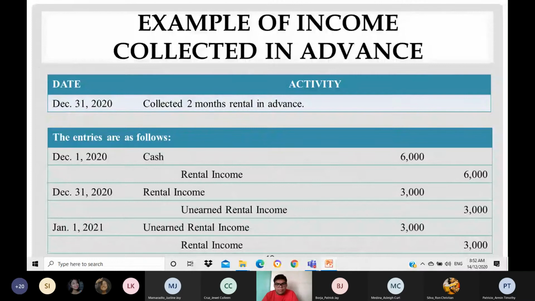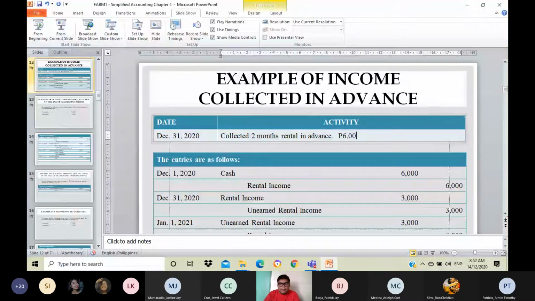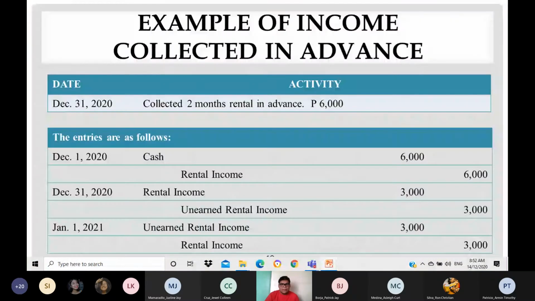Ginamit niya rito ang sample is 6,000. So December 1, tumanggap ka ng cash, 6,000.